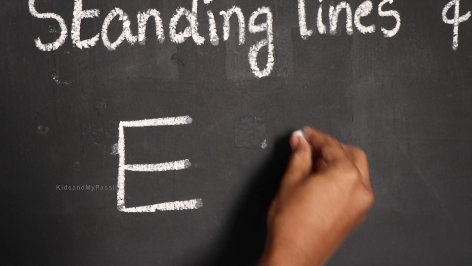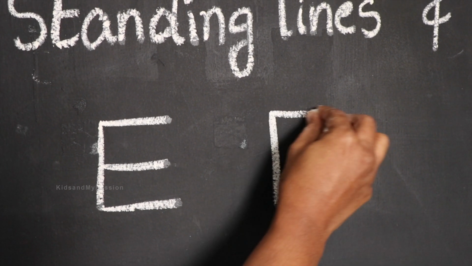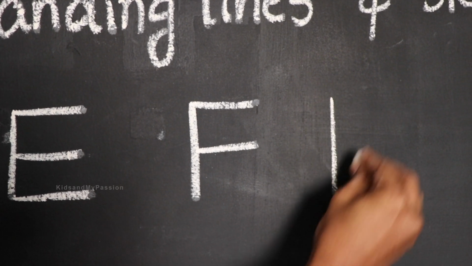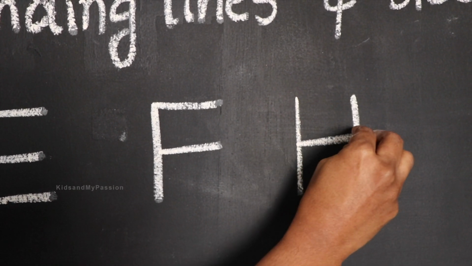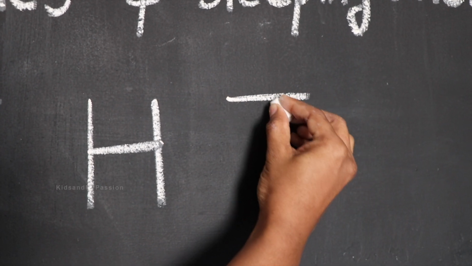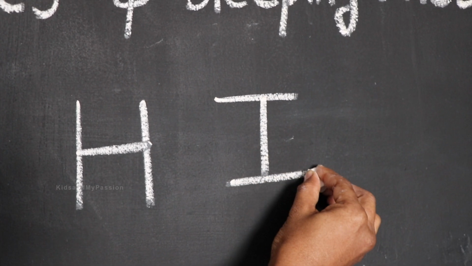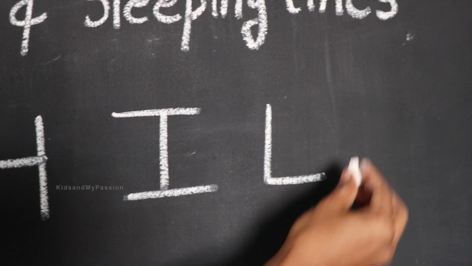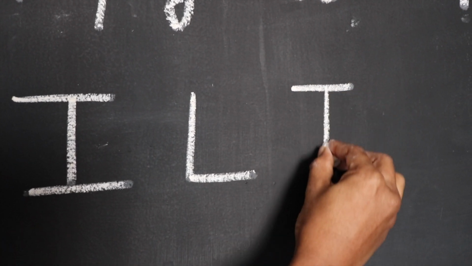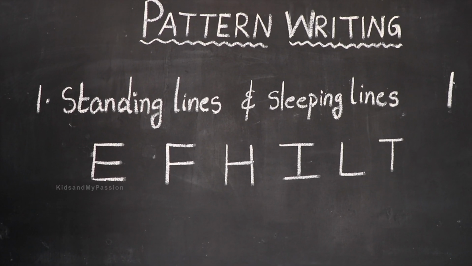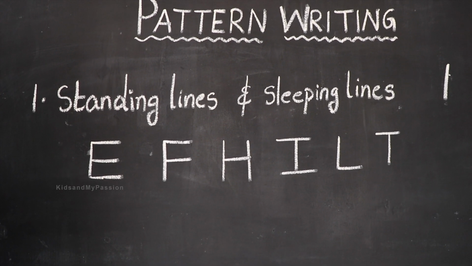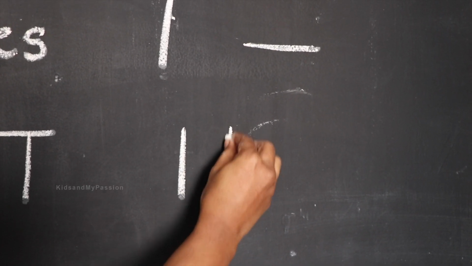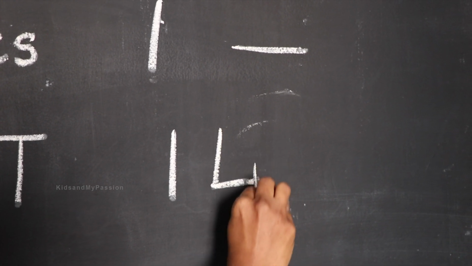Next, F. Next, H. I. Next, L. Next, T. These are the alphabets of standing and sleeping lines. We can also write the numbers 1 and 4 with the standing and sleeping lines.